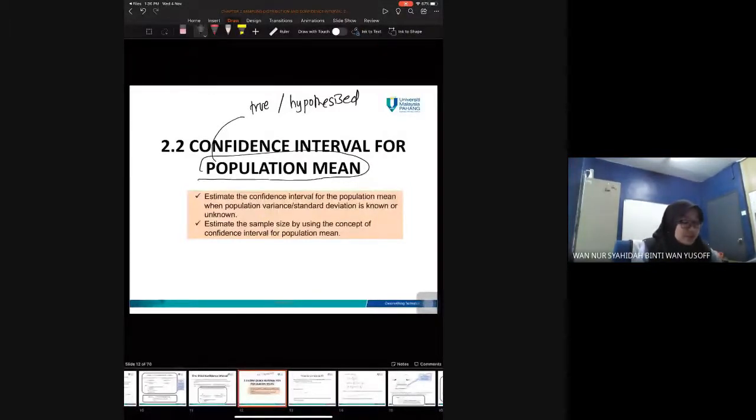Sometimes we use true value, sometimes hypothesized value, but you should know that it is a population value. So we estimate the confidence interval for the population mean when the population variance or standard deviation is known or unknown, and then estimate the sample size by using the concept of confidence interval for the population mean.